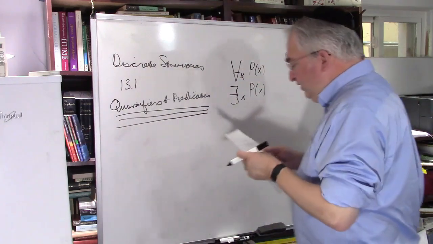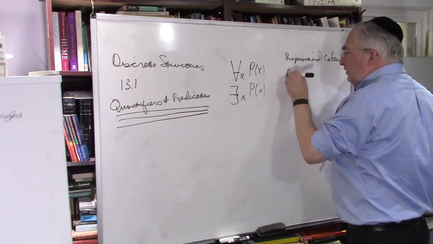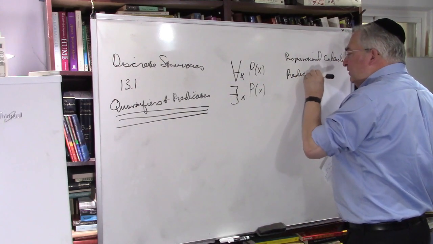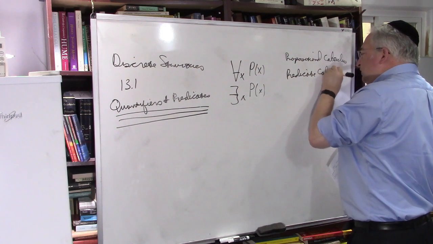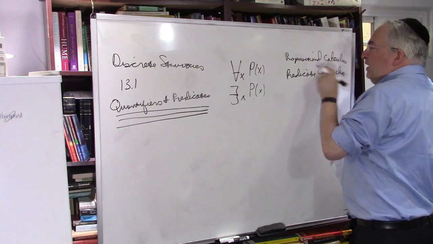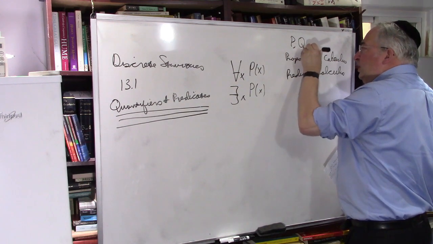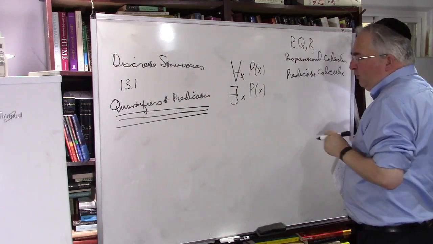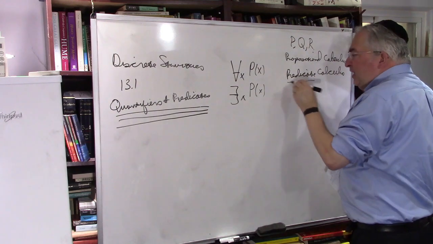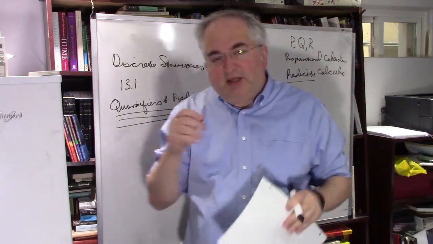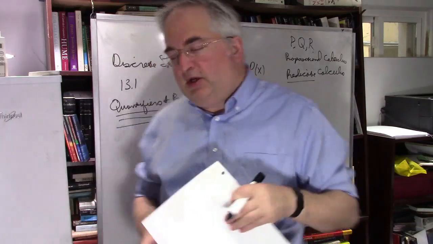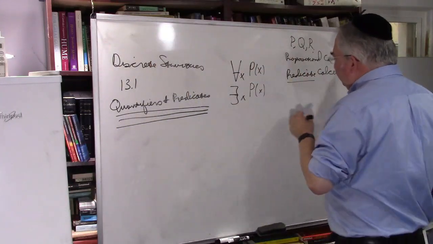Now we deal with something else called predicate calculus. Propositional calculus is things like P and Q and R. We dealt with that before. But predicates don't talk about one thing, they talk about a whole class of things, a bunch of different types of things.